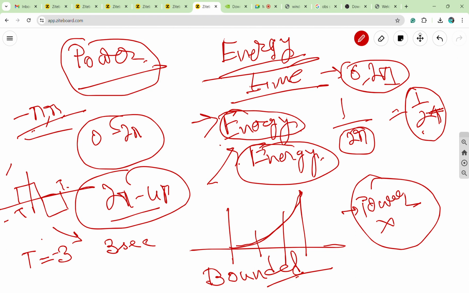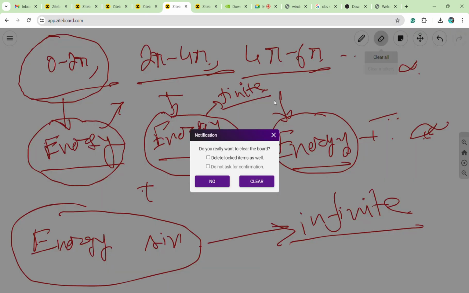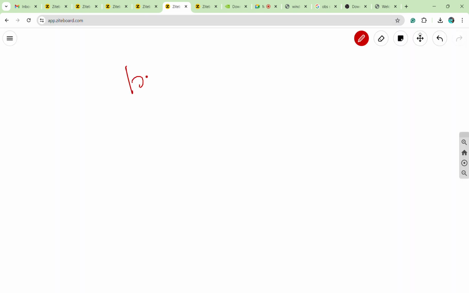And sir, why is energy amplitude square? Oh, okay. So what's the definition of energy? You are asking why the definition of energy is like that, right? Yes, sir. Okay, that's a good question.